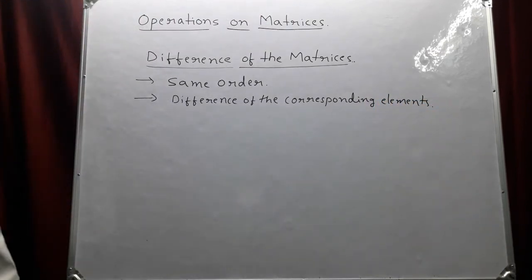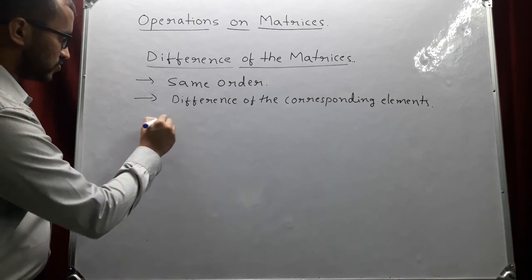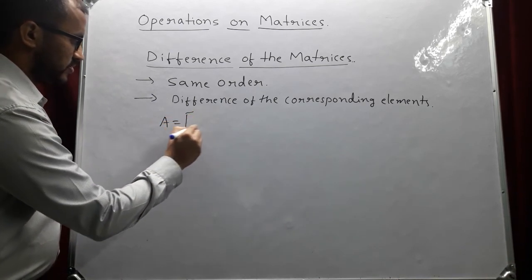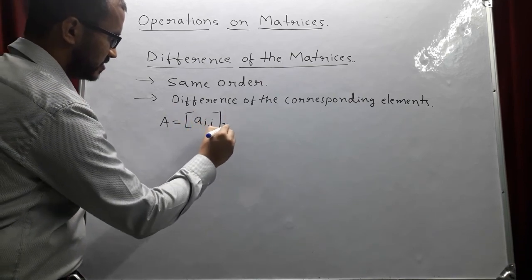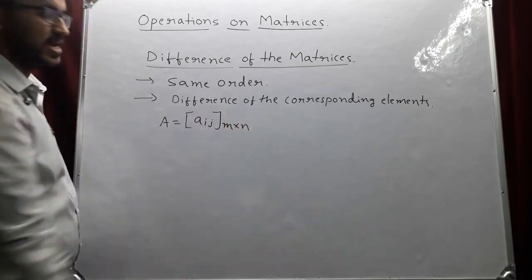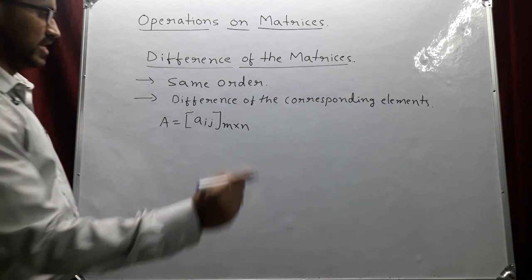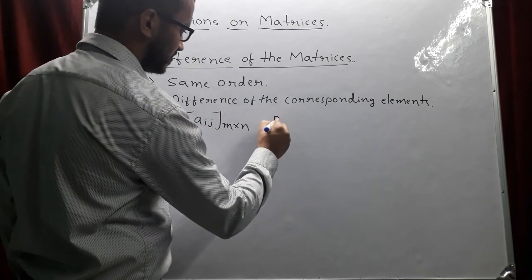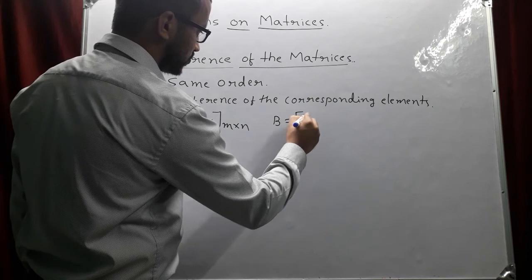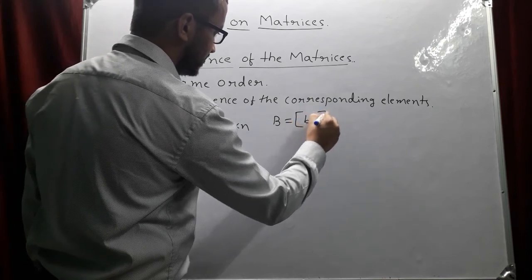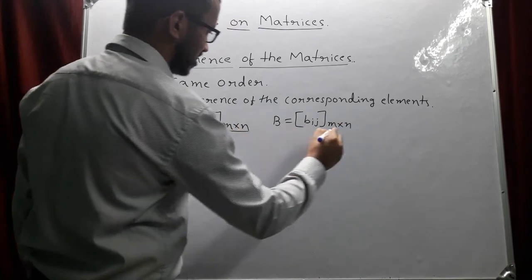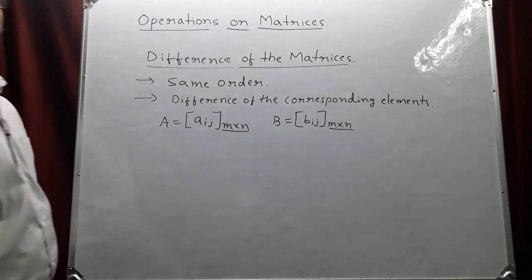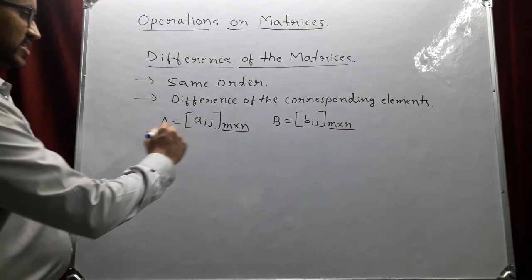Suppose we consider two matrices, A equal to the matrix Aij of the order m by n. Similarly, consider the matrix B equal to Bij of the order m by n. See here, the order of both the matrices is the same.